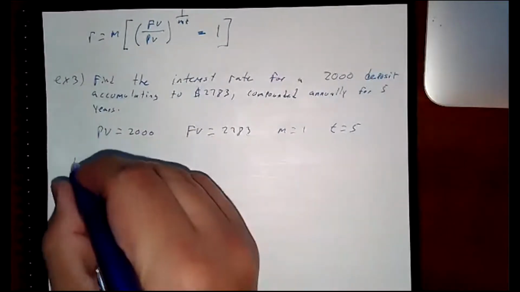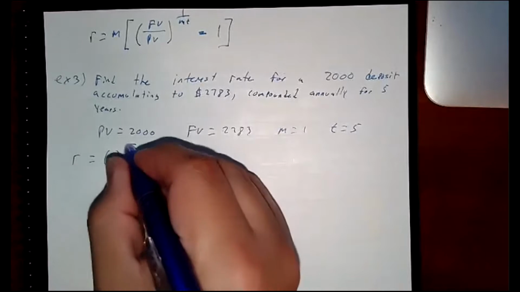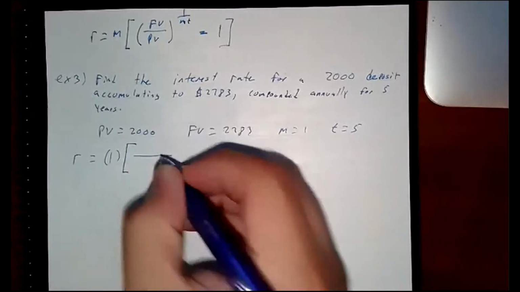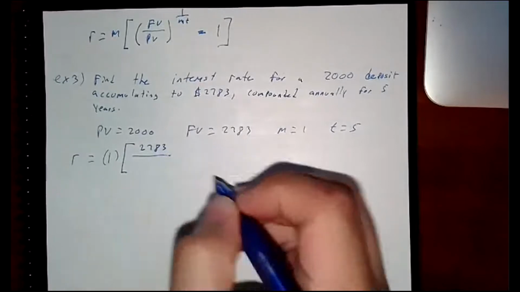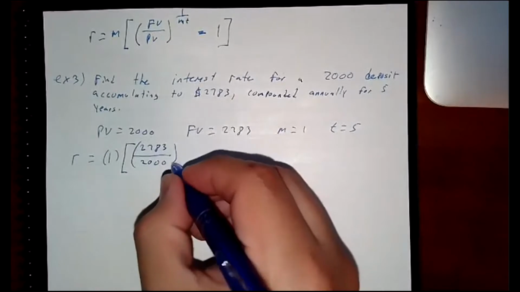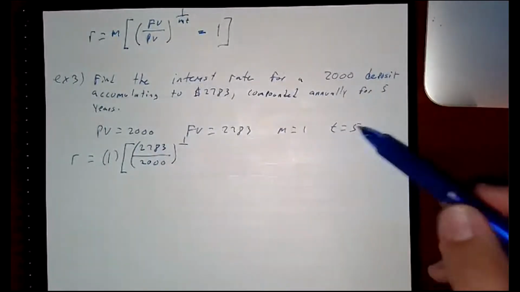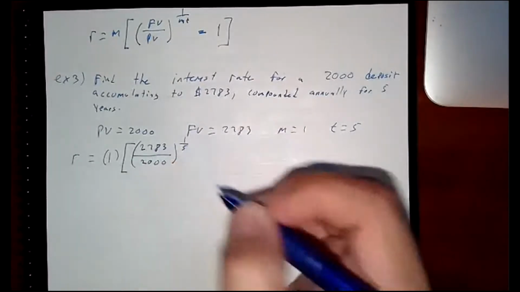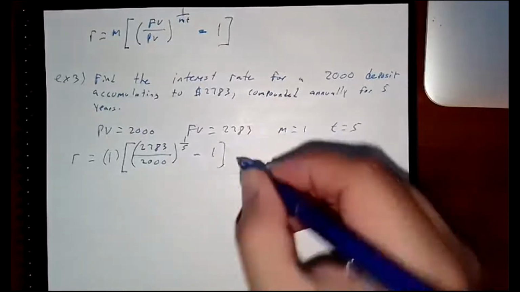So rate, interest rate will be M, which is 1 in this case, times FV 2783 over 2000 to the 1 over MT. 1 over MT would be 1 times 5, the fifth power, 1 over 5 power, and then subtract 1. That will give you the rate.